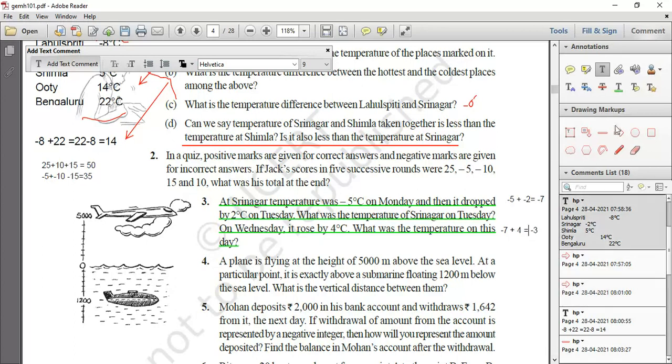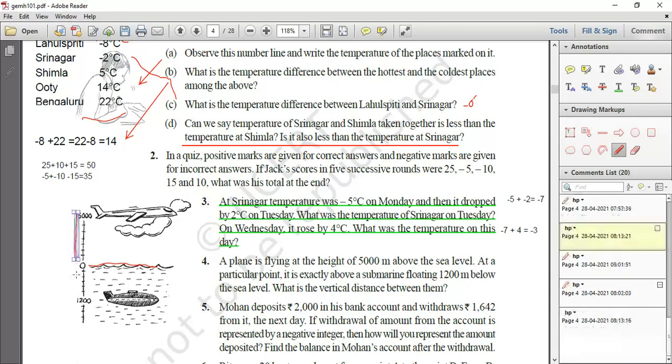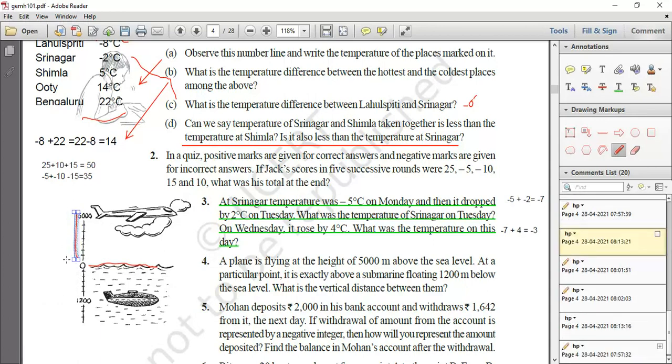So you have to write the difference between them. As you can see, this is the sea level, and 5,000 meters above a plane is flying and 1,200 meters below there is a submarine floating.